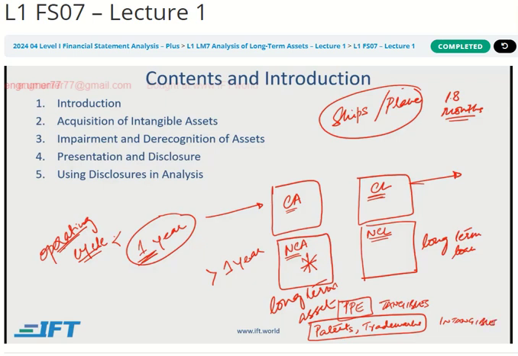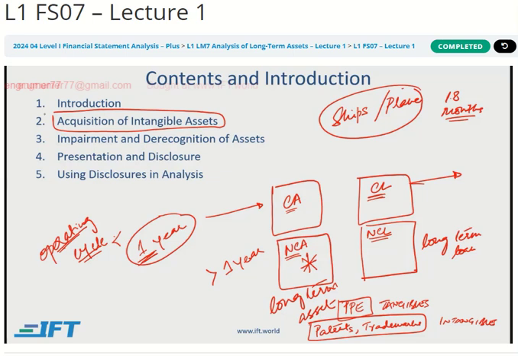Now, the first thing we will be looking at is how you value these intangible assets on your balance sheet. And this is something we have already discussed before, that capitalization of internally generated intangible assets is not allowed, right?